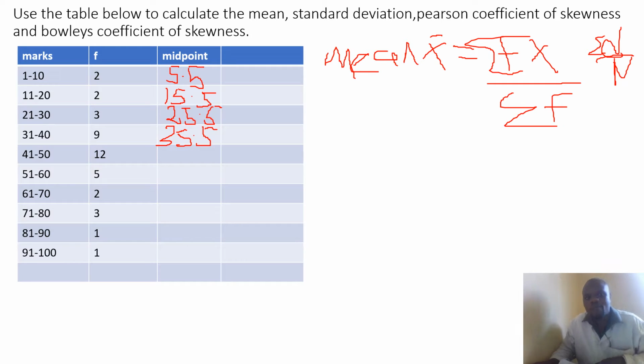And then 41 plus 50 divided by 2, you get 45.5. Then the same case, you get 55.5. And then 61 plus 70 divided by 2, you get 65.5.